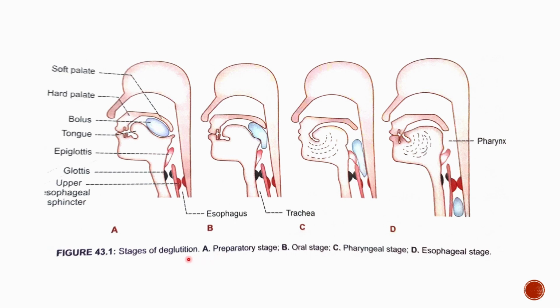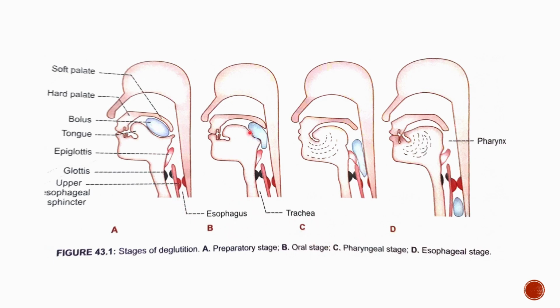In the stages of deglutition, there is the preparatory stage, in which we just make a bolus by mastication. Here, between the soft palate and the tongue, the bolus is there, and the hard palate we use for mastication. The epiglottis helps in the proper swallowing of food to the esophagus, so it does not go into the trachea or the windpipe.